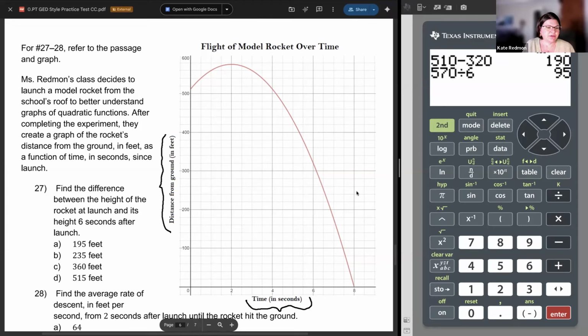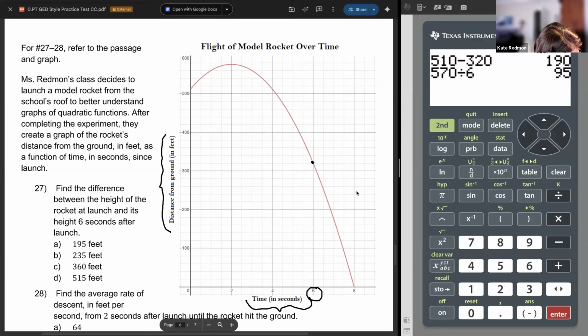27 says, find the difference between the height of the rocket at launch and its height 6 seconds after launch. Well, the second number I think is easier to find. 6 seconds after launch, I can just come down here to the seconds on the horizontal axis and find 6 seconds and come up to my graph and say, okay, that's somewhere between 300 and 400. Now, how much between?